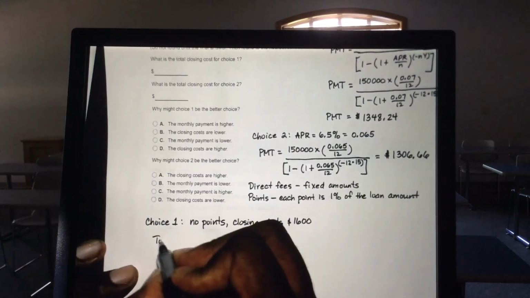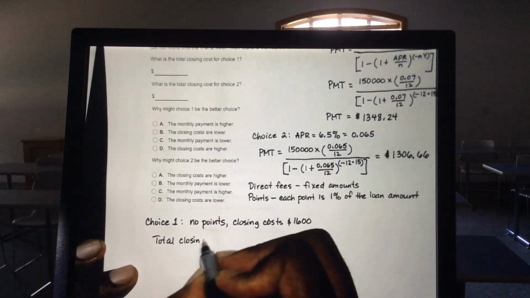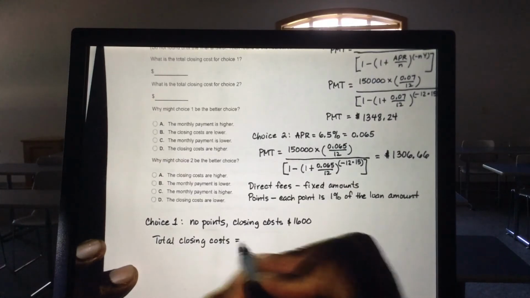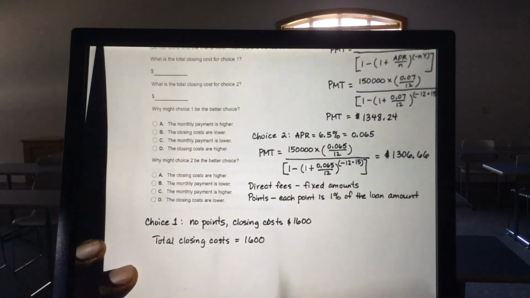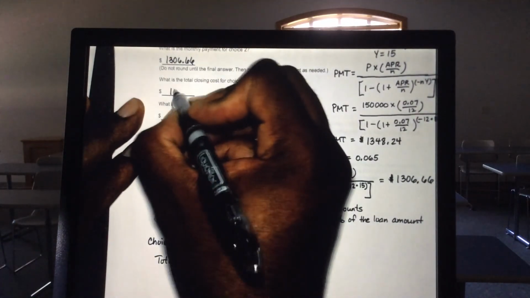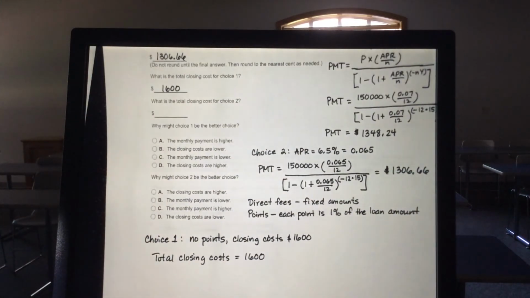So now, your total closing cost is just going to be that $1,600, because you have no points. That means 0% of whatever that loan amount is. So it's just going to be plain $1,600 for the closing cost.